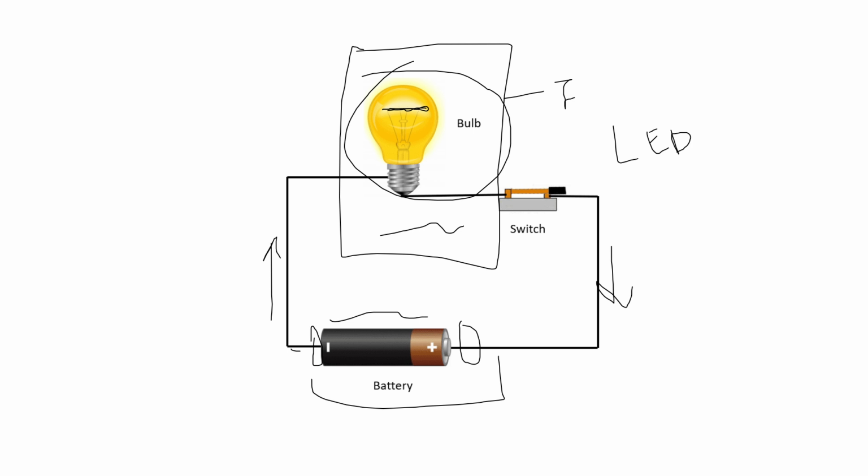Up to that other side. And any component that is going to be placed at this center is going to utilize that movement, take advantage of that movement of electrons, and do something. Essentially, we call it work.